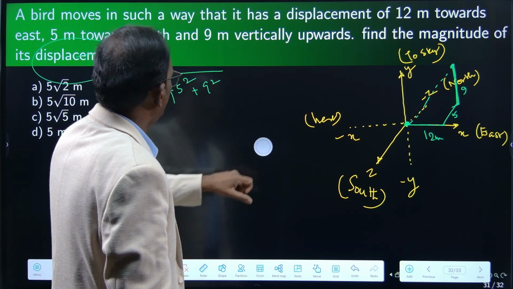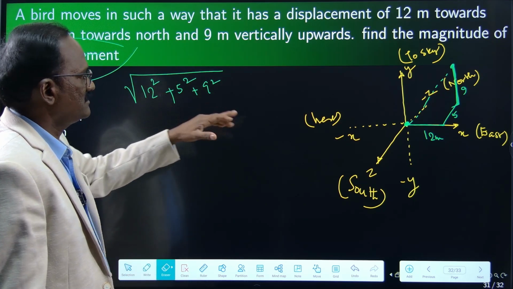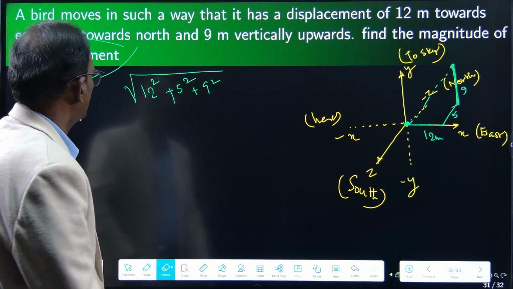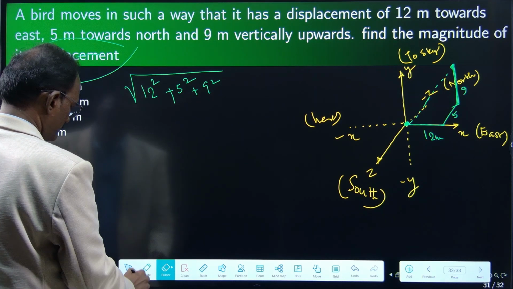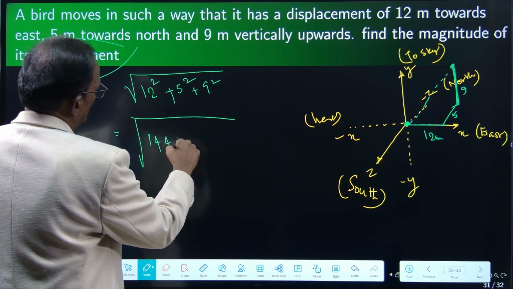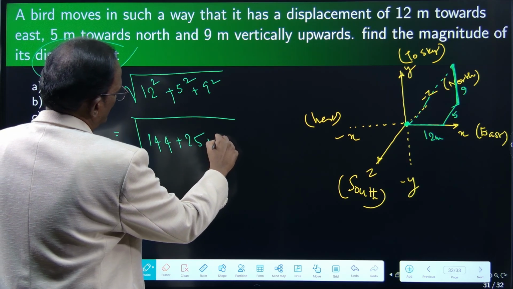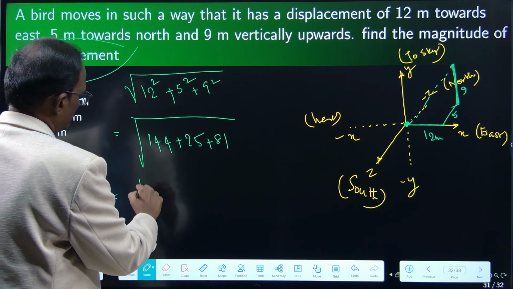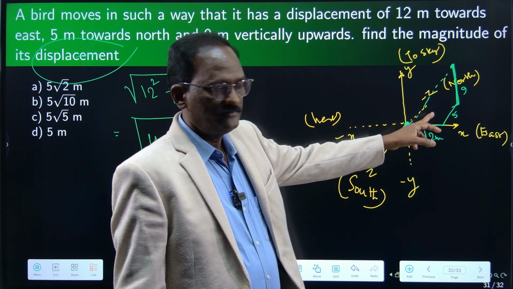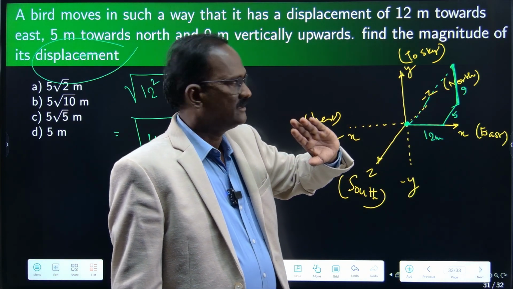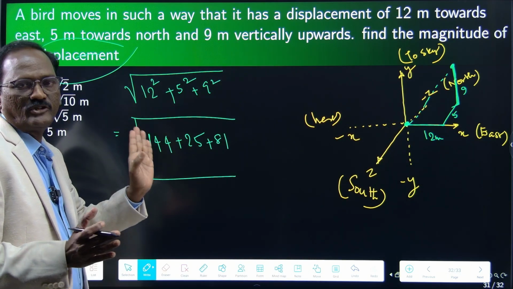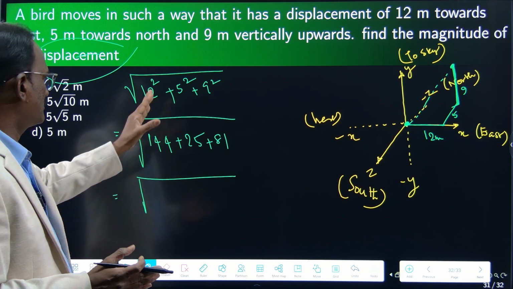Like Pythagoras theorem, we will extend it. 12 square, one dimension, 5 square, another dimension, 9 square. 12 square is 144 plus 5 square is 25 plus 81. Even though it is minus z, you may assume this is minus 5, but when it is squared, minus 5 square is going to be 25. We need not worry about it, right?